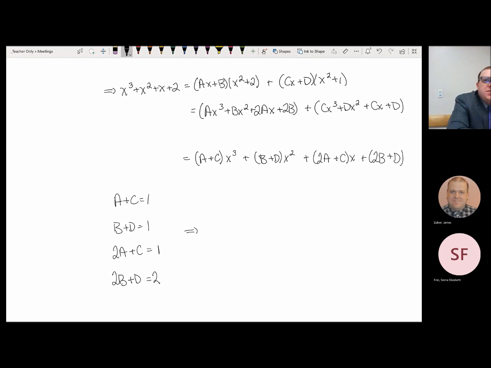That means A has to be 0 and C has to be 1. Another way I can think about it is A equals 1 minus C and 2A equals 1 minus C. There's only one way that's possible, and that's for A to be 0, which means 1 minus C also has to be 0.